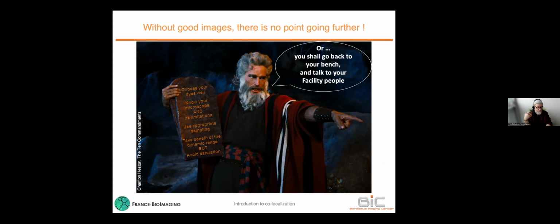We can't correct everything. So it's better to go back to the bench, prepare new samples if you've got problems with the dyes and so on, or talk to facility people or check the microscope on the acquisition part.